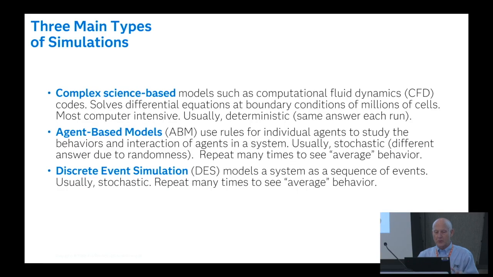So there's really three types of simulations that I ran into. The complex science-based, like the CFD I just showed, but then you'll also see a lot of agent-based models and discrete event simulation models. These often can be modeled with simpler, low-order polynomial models, but they can be stochastic, so we're often more interested in understanding the variability in those systems.